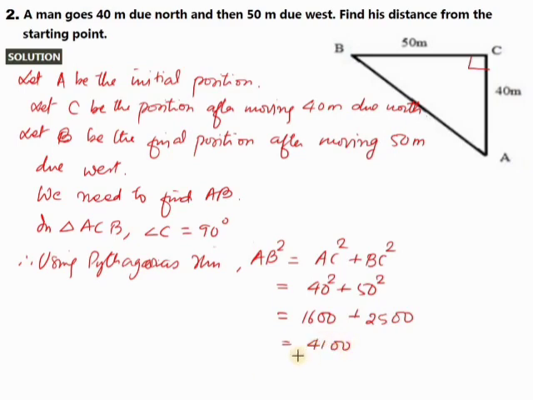So this is your AB squared, so your AB turns out to be root over 4100, which when you simplify turns out to be exactly 10 root over 41. The unit you are making use of here is meter, so your answer will be 10 root over 41 meter. Okay, you may pause the video and note down your solution.